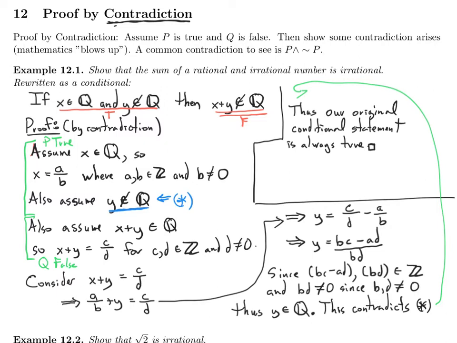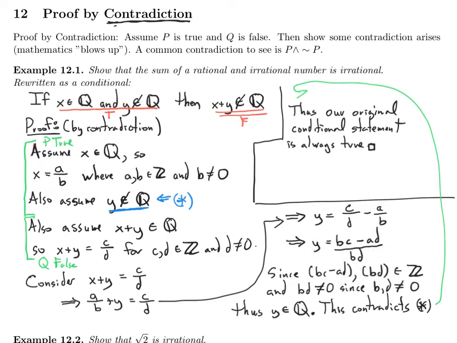So again, the logic with this one is, well, we assume the if part is true, the then part is false. You can think of it as a counterexample to this statement. So a rational and irrational number that sum to a rational. And we show that if that does indeed exist, mathematics blows up, where this irrational number, which cannot be written as a fraction, can indeed be written as a fraction, an integer over another non-zero integer.